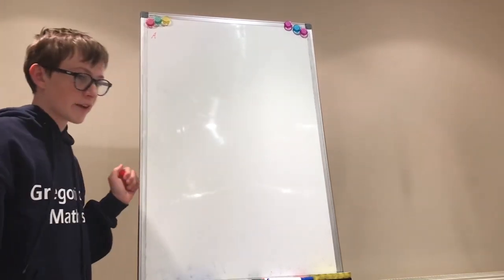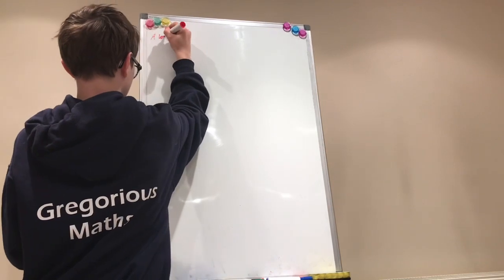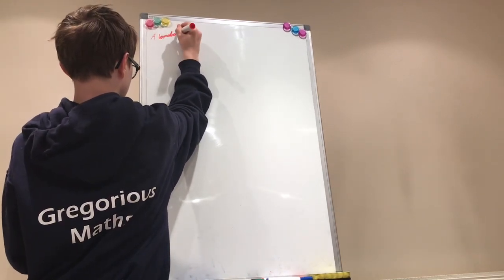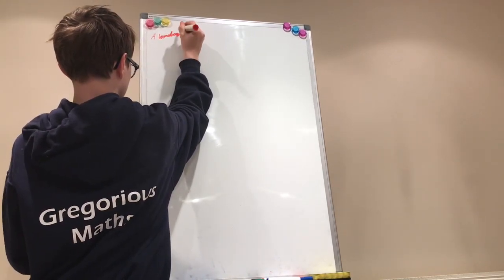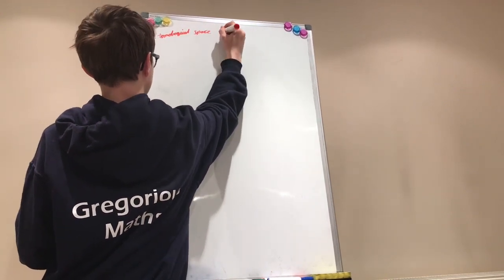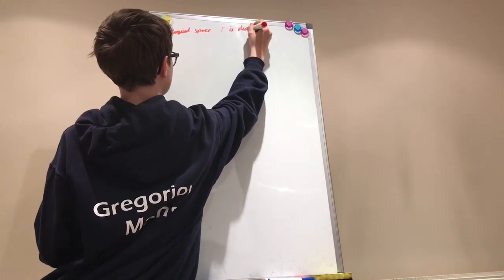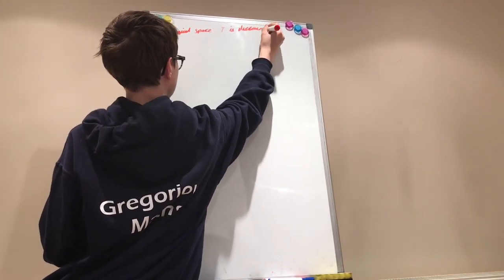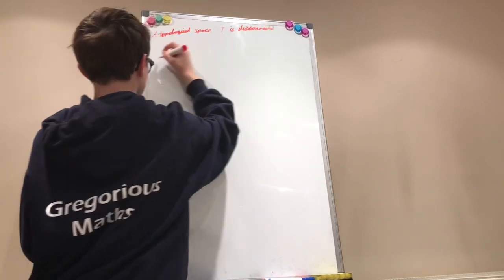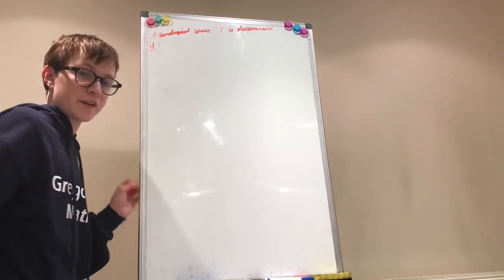Well, actually, I'll lay down the definition of disconnectivity. A topological space T is disconnected if it satisfies three conditions.